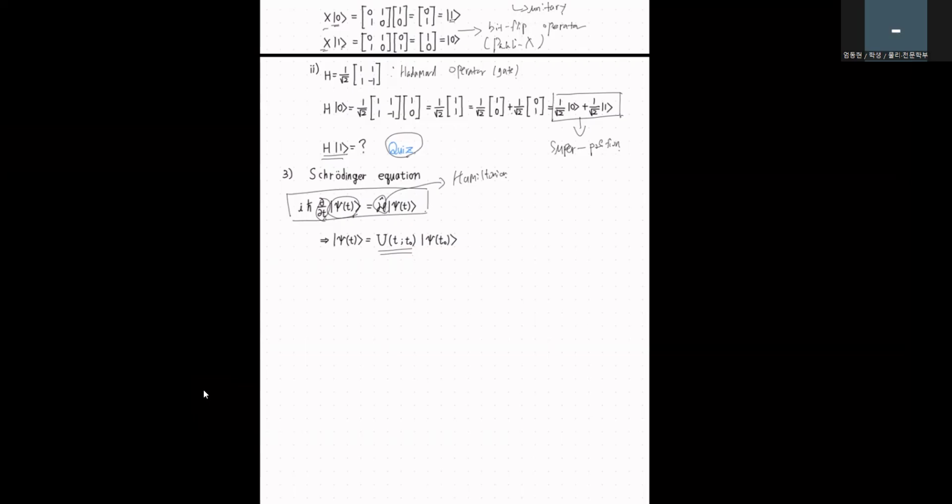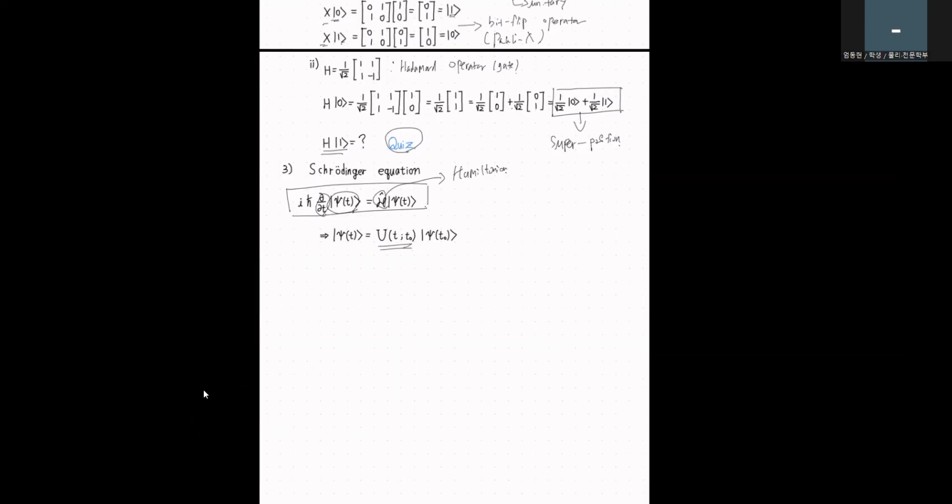And the solution to this is actually given by a unitary matrix applied to the initial state, which is the state at t0. The closed form of this is actually this.